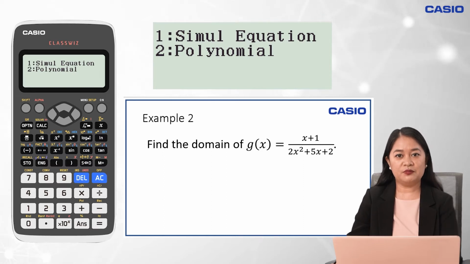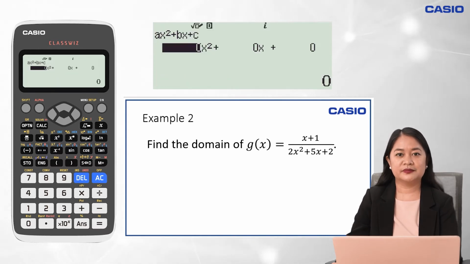Choose polynomial by pressing 2 and then input another 2 for the degree of the polynomial. Input each coefficient of the quadratic expression and press Equal button to enter each value.